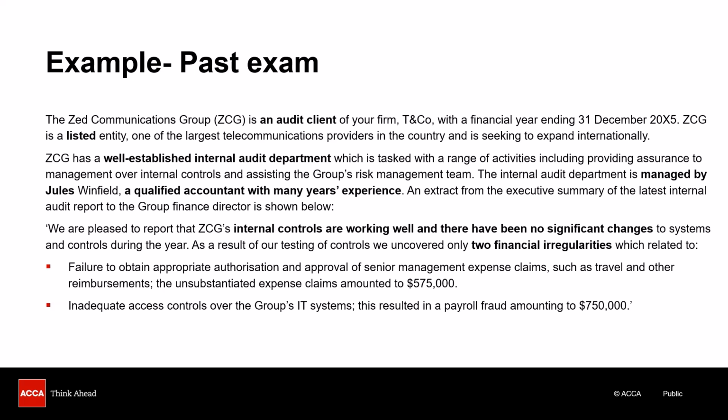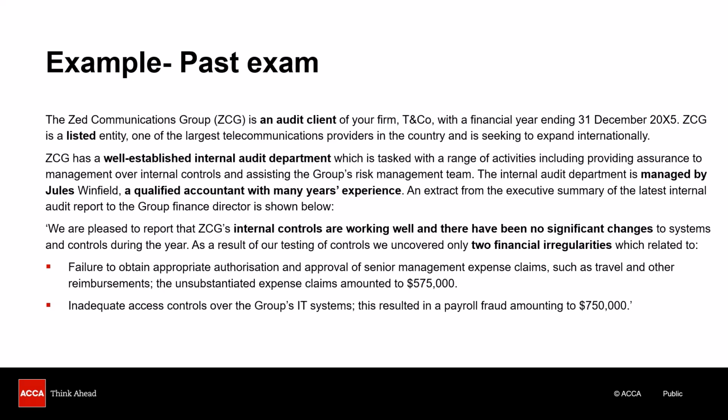They've given an extract from the executive summary of the latest internal audit report to the finance director. So this report has been given to the finance director, and the report says we are pleased that the internal controls are working well. There have been no significant changes during the year.